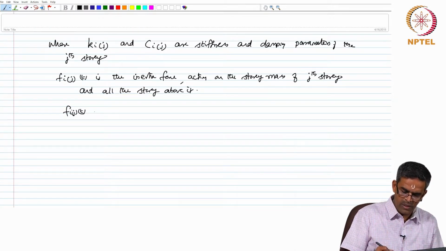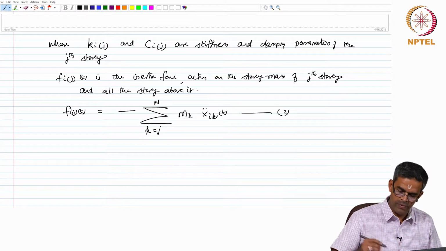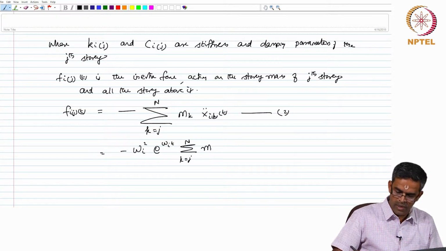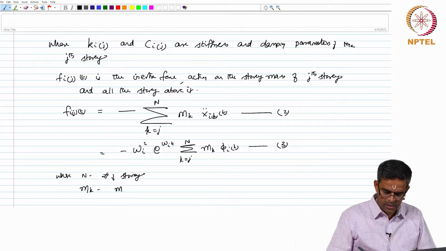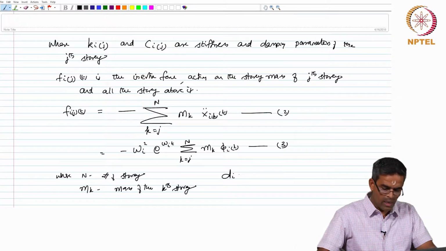F_ij(t) is given by summation k equals j to n of m_k x double dot_ik(t), which is equal to minus omega_i squared e^(omega_i t) summation k equals j to n of m_k phi_ik, where n is the number of stories, m_k is the mass of the kth story, d_ij(t) is the relative displacement.